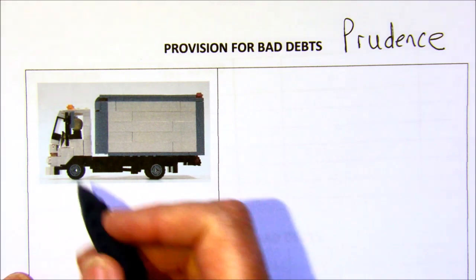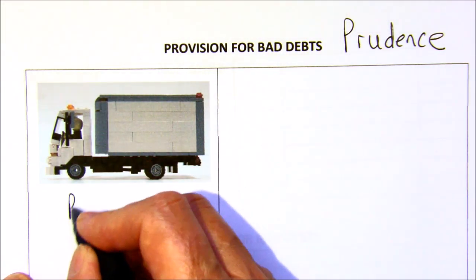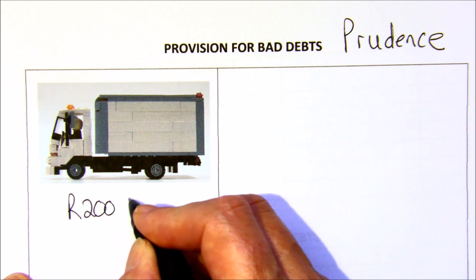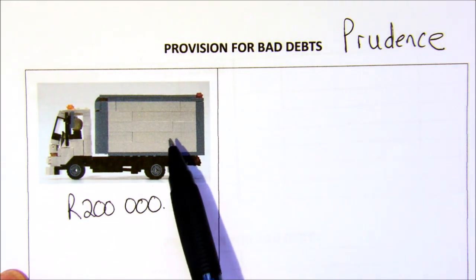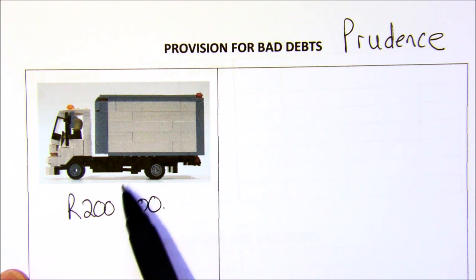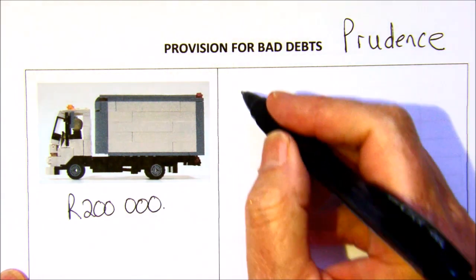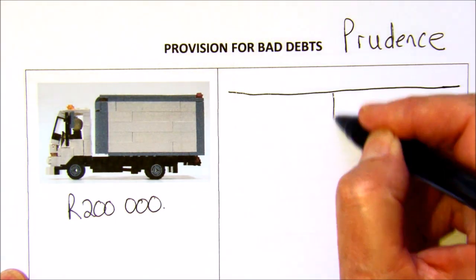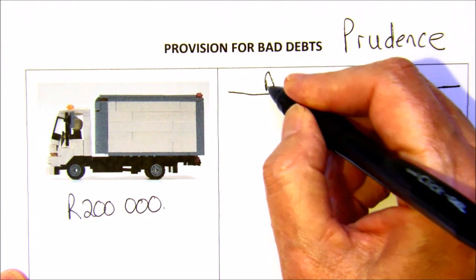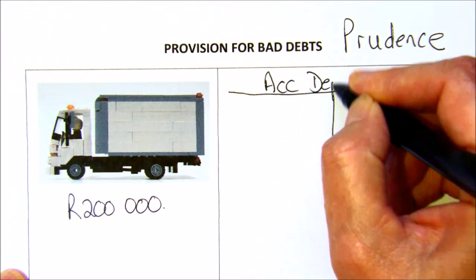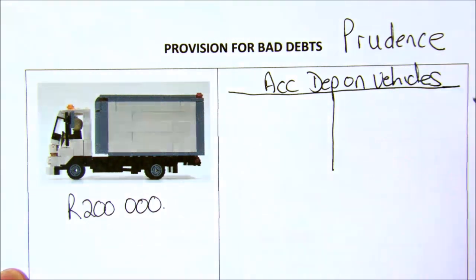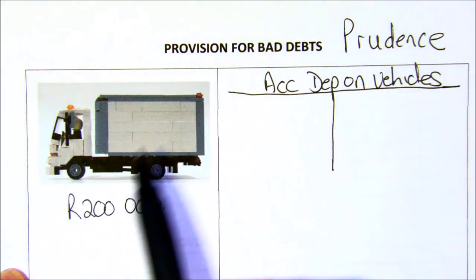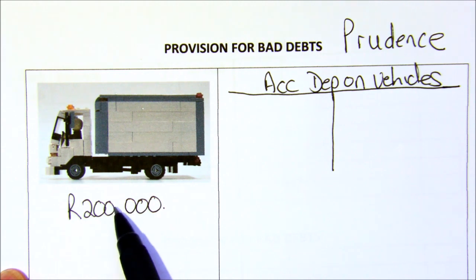So you remember that if we had a vehicle, and let's say the cost of that was 200,000, we know that this vehicle is going to lose value over a period of time. And so we created a negative asset account called accumulated depreciation on vehicles. Now, it was a negative asset account because it's going to reduce the asset.